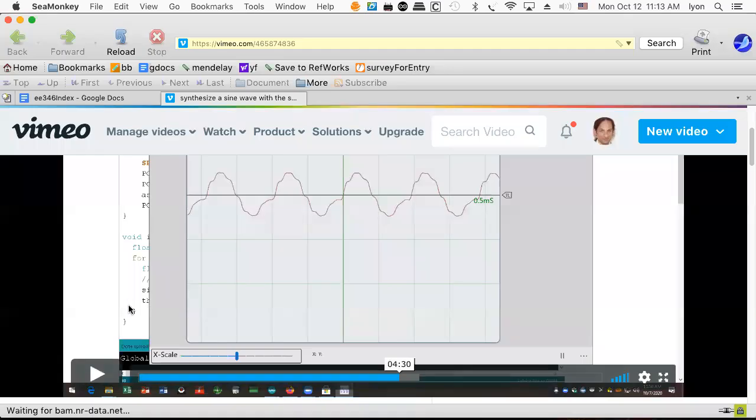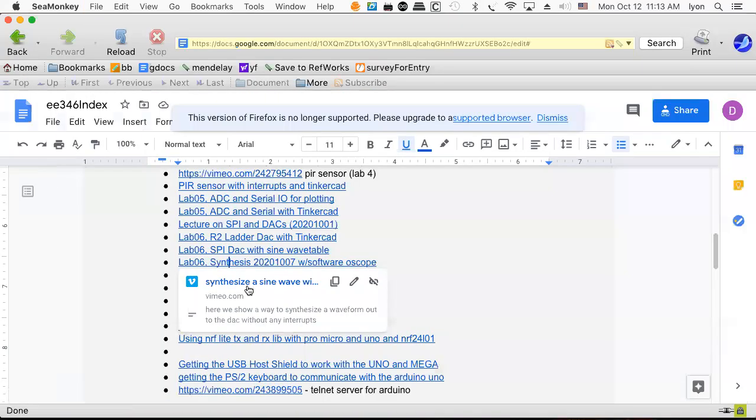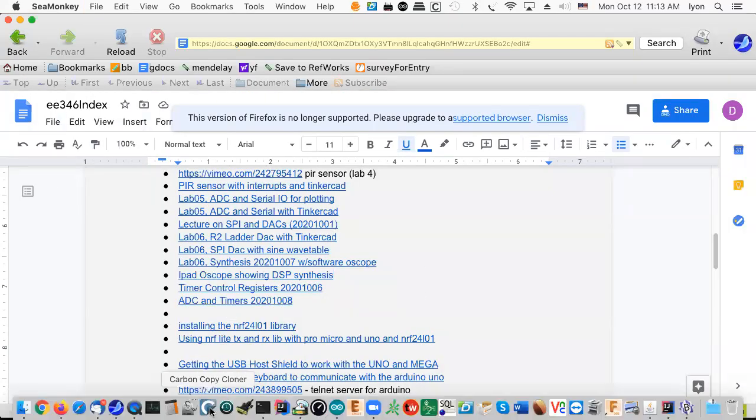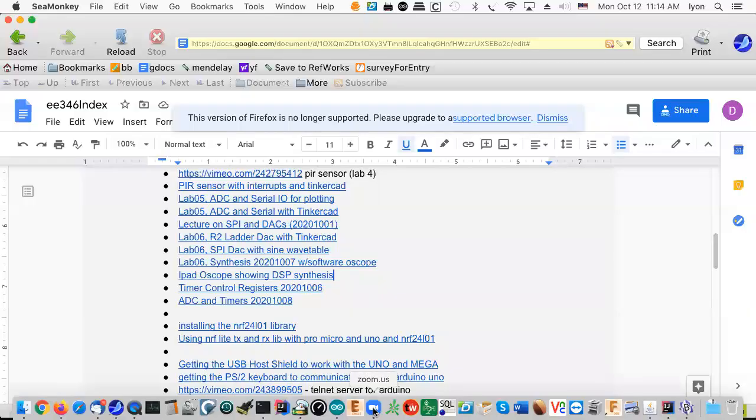I could have tried to synthesize these things in real time using the trig function, but I don't think that's a good way to go for sine waves. If you want to do real-time synthesis of a waveform, do something like a sawtooth wave. The sawtooth wave is just incrementing by 1 until you get to the top, and then you drop it to 0.